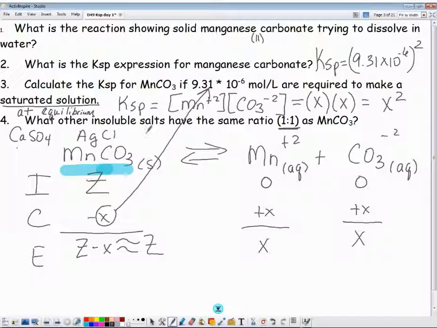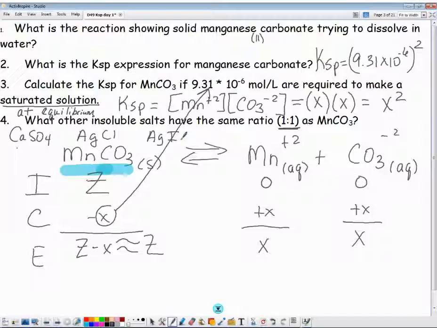Silver iodide, good. One more, Nyreek. Copper sulfate is soluble. Copper 1 and copper 2 sulfate should be soluble. I need something else that's a 1-to-1 mole relationship, like calcium sulfate, silver chloride, silver iodide, manganese 2 carbonate.